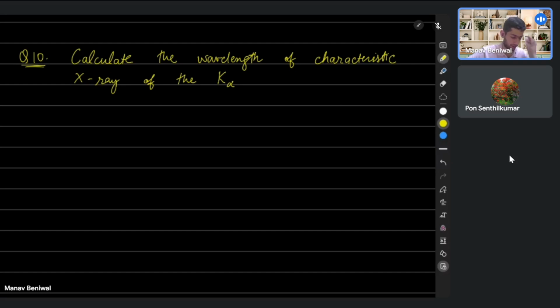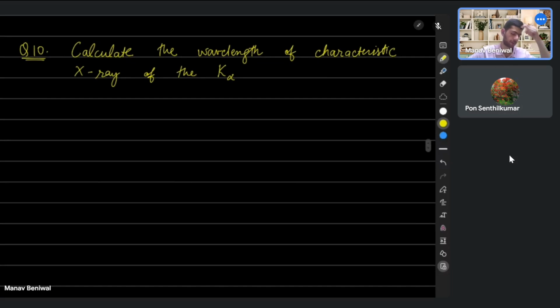So this question that we are solving is very related to the experimental setup. Generally in the labs, we have a copper source, and this copper source transmits the X-rays. The X-rays we use in the labs come from copper, and the characteristic X-ray is the K alpha line.